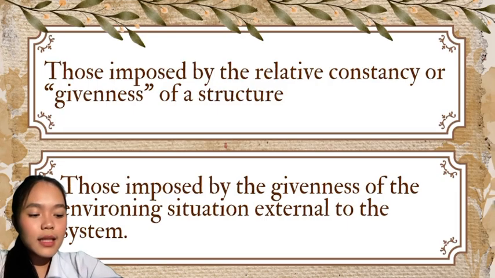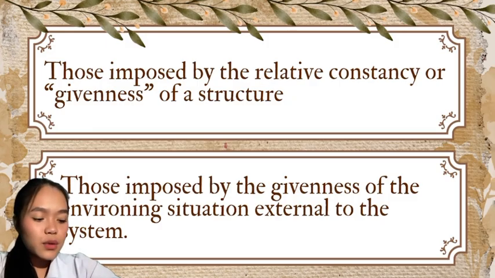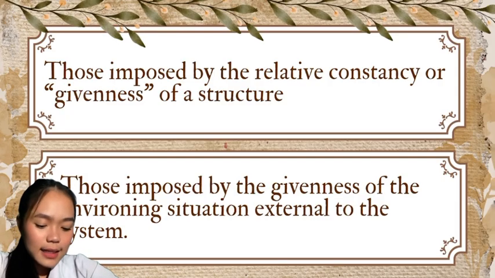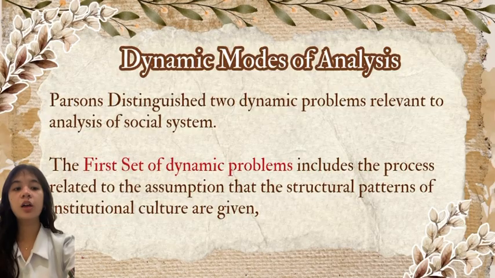These are needs that arise from the environment outside the society. Society must adjust to these external pressures to survive and grow. Together, these two sets of exigencies show how society must stay stable on the inside while also adapting to changes on the outside.